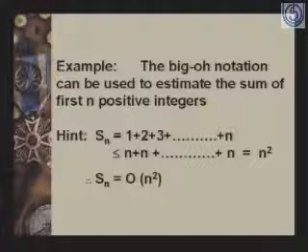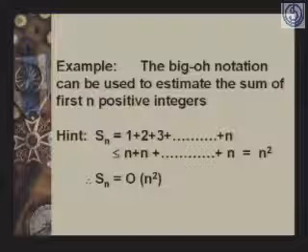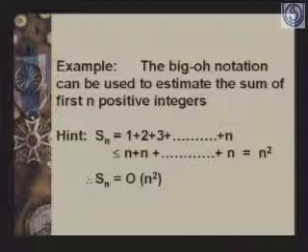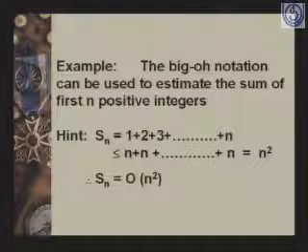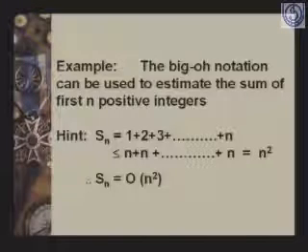So we replace each of them by n, and we get Sn is less than or equal to n + n + n + ... n times. These n's are there, therefore the right hand side becomes n². So Sn is less than or equal to n². Therefore there exists c = 1 such that 1·n² is greater than or equal to Sn, and hence Sn is of order n².